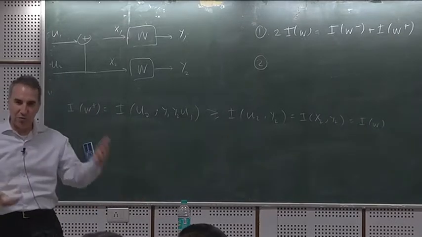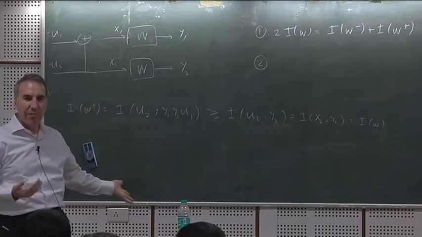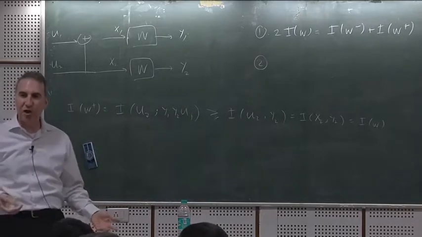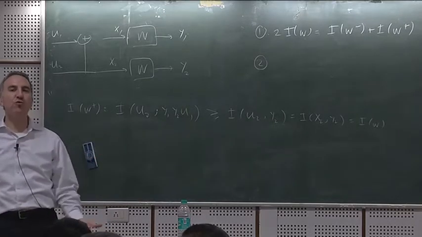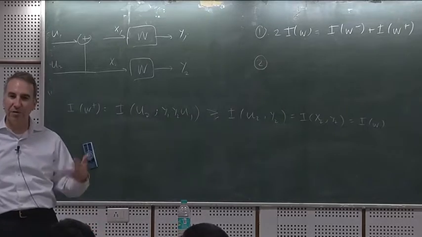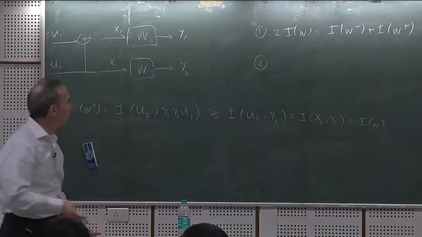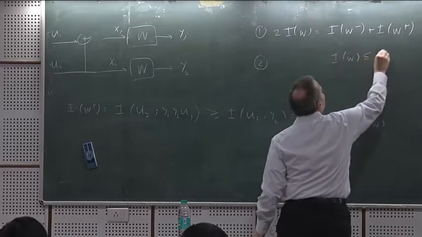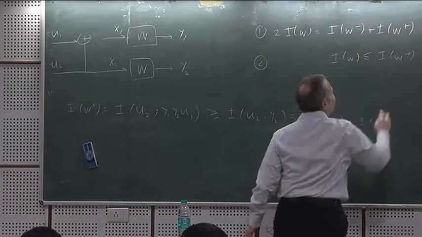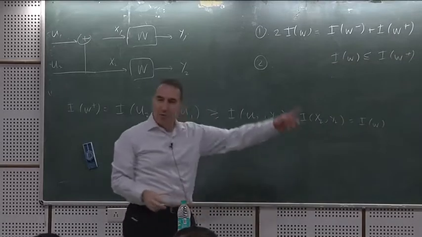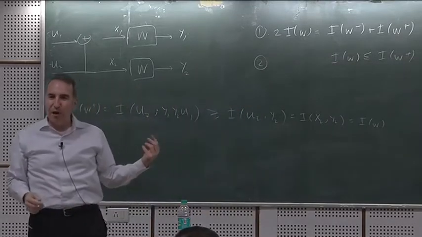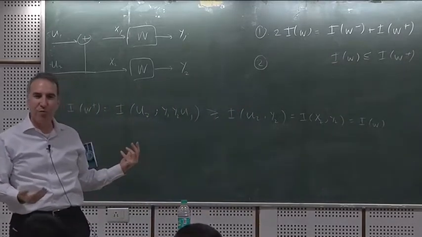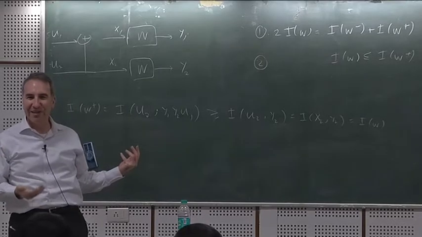Okay? So this notation of plus is justified by that. The plus channel has always more mutual information developed across it than the W itself. But if IW plus is more, can IW minus also be more than IW?